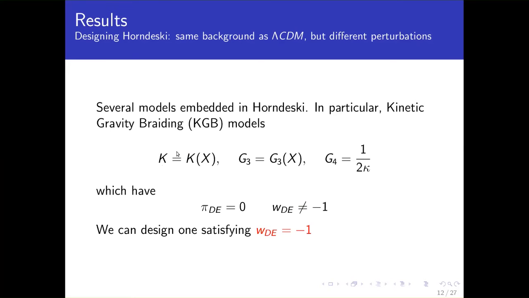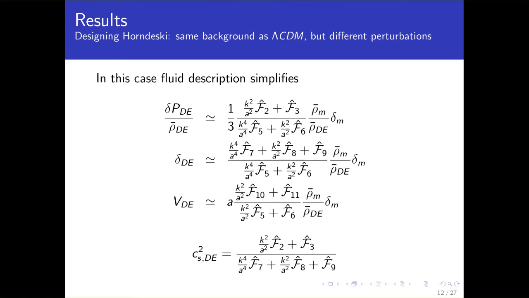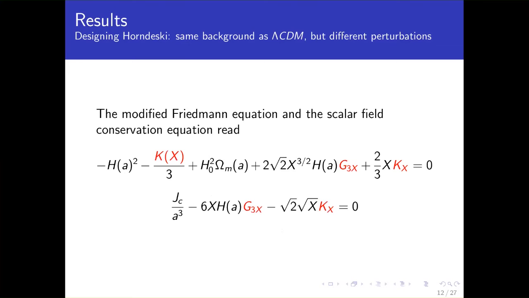Okay, so we focus on the KGB models, and we impose the constraints that this kind of model doesn't have an anisotropic stress, and the equation of state is equal to -1. So by doing some algebra with the equations I discussed previously, we can have expressions for the fluid description, which are simplified in this case.